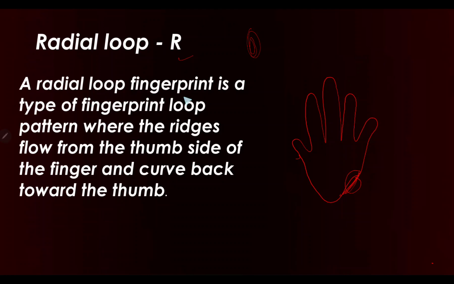In a radial loop, the ridges flow from the thumb side of the finger and curve back towards the thumb side. Within this hand, this side is the thumb, right? So in the fingerprint, the ridges will come from the thumb side like this and again move to the thumb side itself.